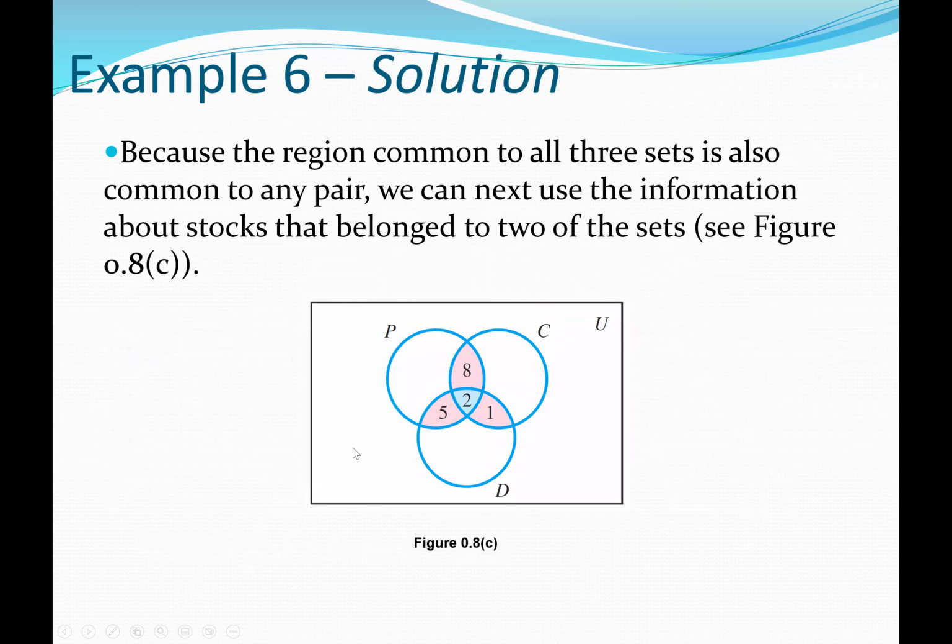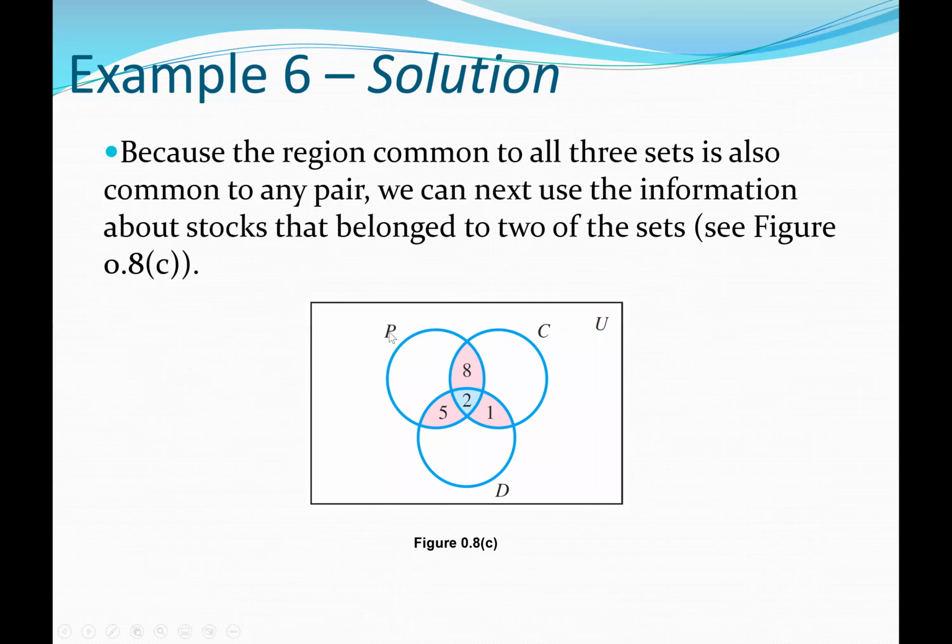So we have it. Then next, we have 8. We have to be careful with the calculations. You can see that the reason why we put 8 here is because previously P has 2, C also has 2.